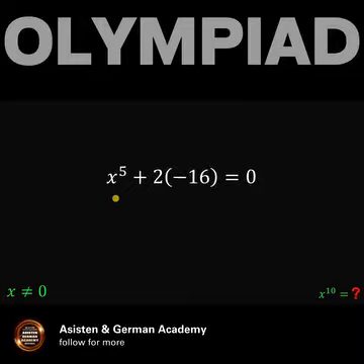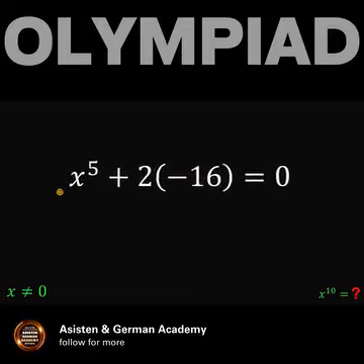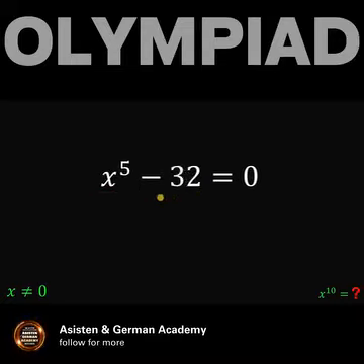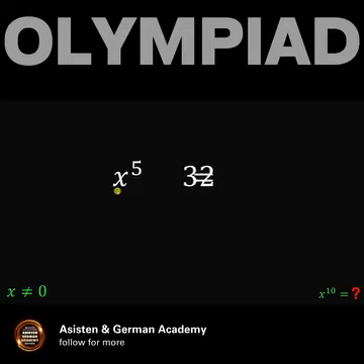And now, let's focus on this result. So we have x raised to the fifth power plus 2 times negative 16 equals 0. Positive 2 times negative 16, this is very simple. This is just negative 32. Now, add 32 on both sides. So we have x raised to the fifth power equals 32.